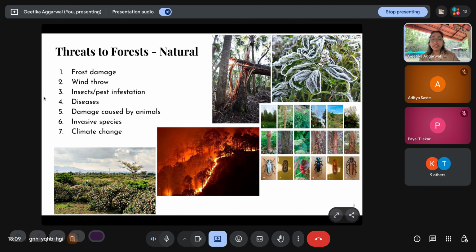And the last but not the least is climate change, and forest fires. Here you can see in this image there are forest fires as well. So climate change, as you know, the climate has been changing quite abruptly now. It's changing quite fast in recent years. Because of this climate change, a lot of the biodiversity in the forests gets affected, even plants and animals both.